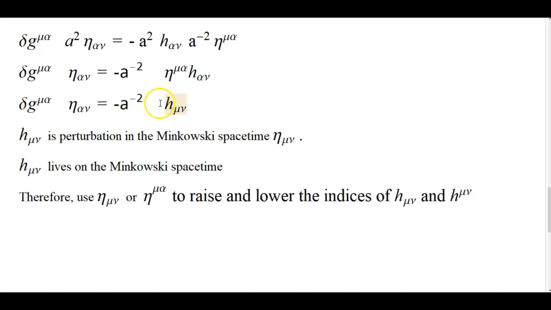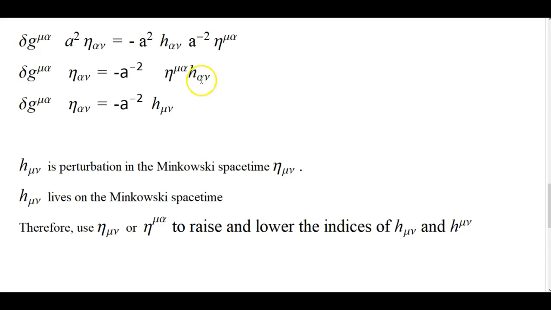So this will be h, this guy, mu on top, nu at the bottom, with the 1 1 1 1 metric. So this becomes this.